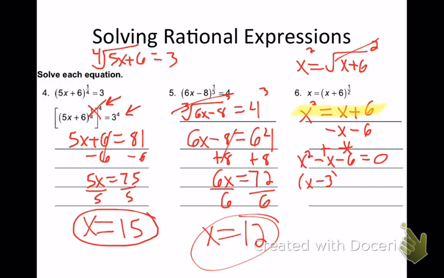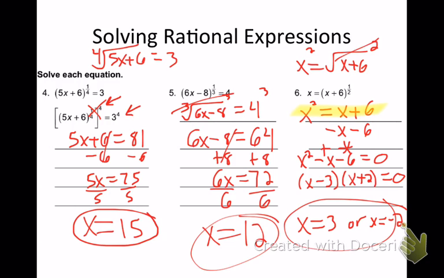X minus 3 and x plus 2 equals 0. So I solve it. When I do that, I'm going to get x equals 3 or x equals negative 2. Nice job.